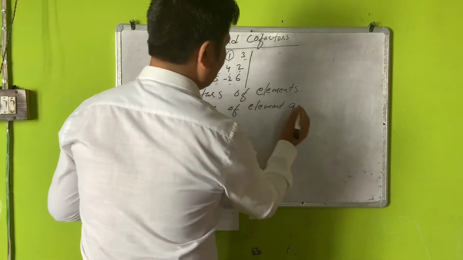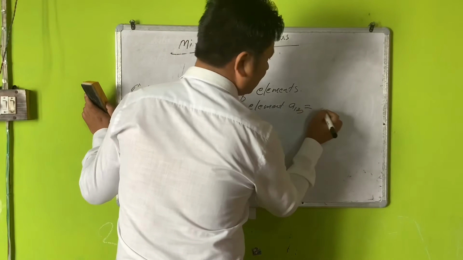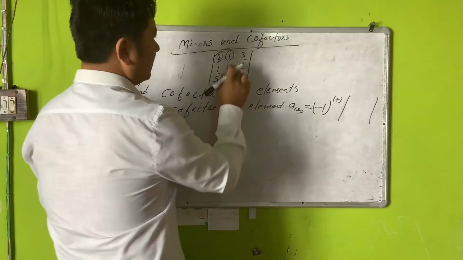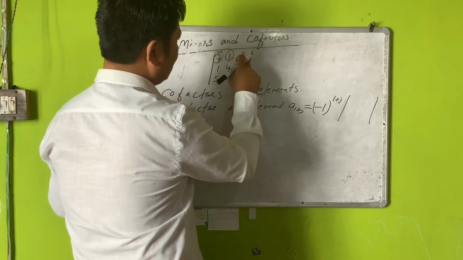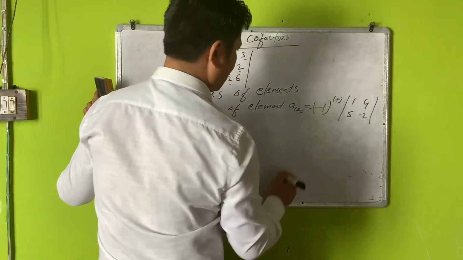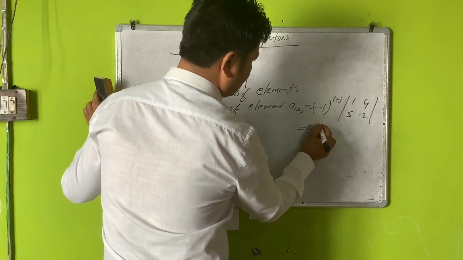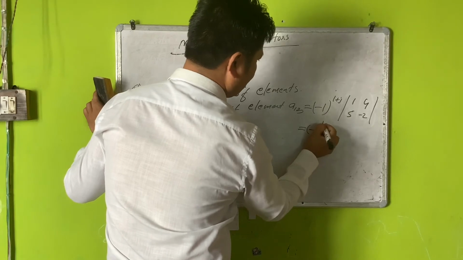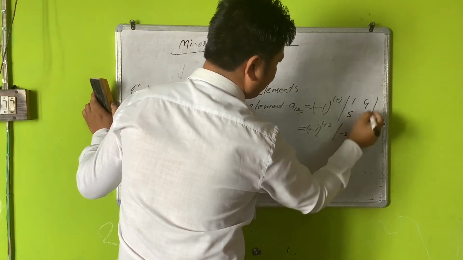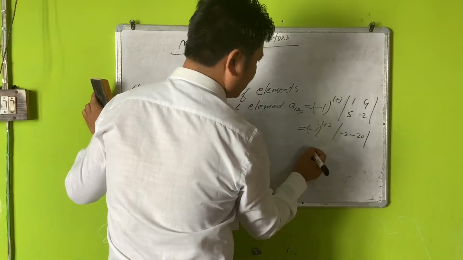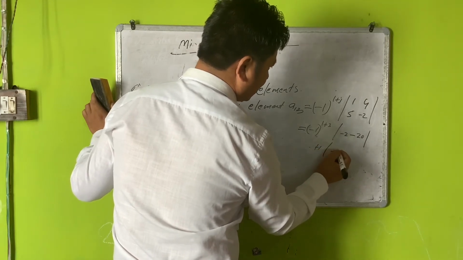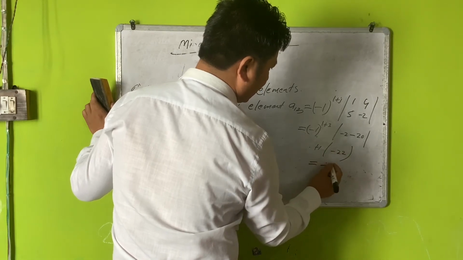Likewise, cofactor of element A13 is equal to (-1)^(i+j) times its minor. The minor of this element, after closing its row and column, is 1, 4, 5, -2. i is 1 plus j is 3, which is 4, so the sign is plus. So 1 into -2 minus 5 into 4 is -2 minus 20, equal to -22.